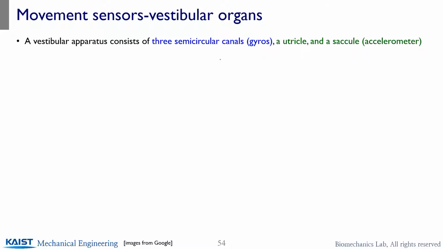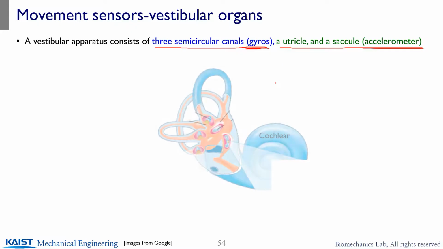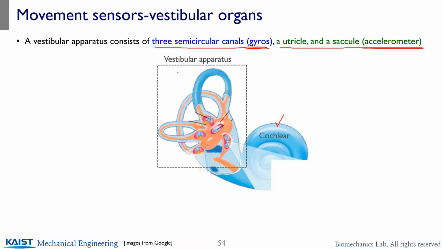Okay, how about the vestibular organ? The vestibular organ measures head acceleration, by the utricle and saccule, and head angular velocity, like a gyroscope, by the three semicircular canals. The location of the vestibular organ is right next to the cochlea. Those are the vestibular apparatus, and this circular shape is what we call the semicircular canals.